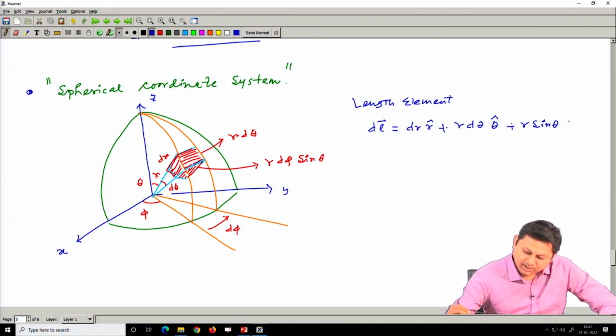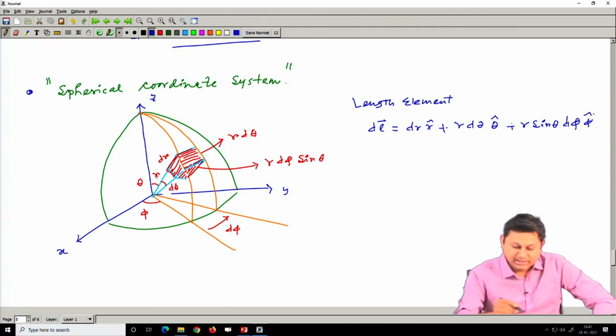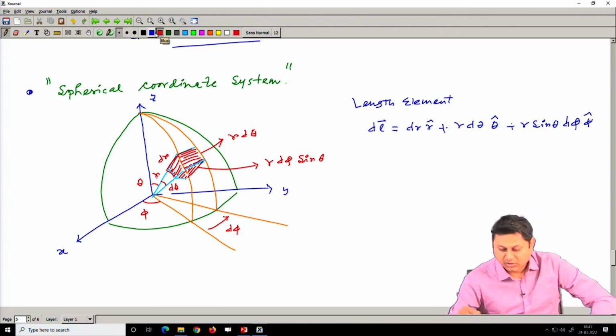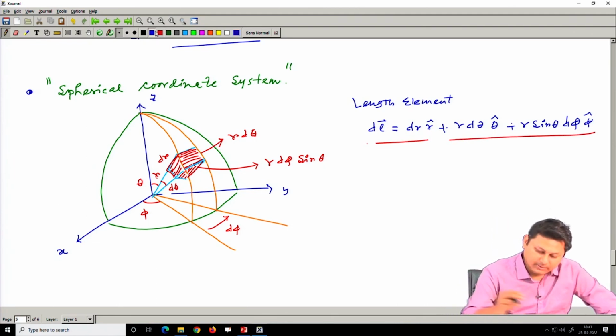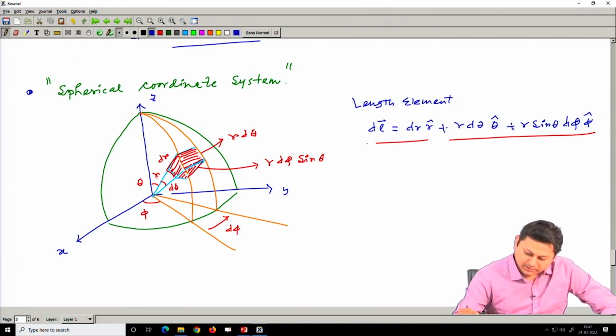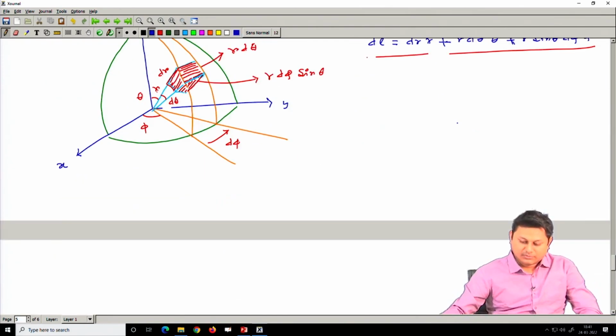This length should be r sin theta d phi with the phi unit vector. So this is the length element we got here. Now what should be the volume and surface element, that we are going to find out.